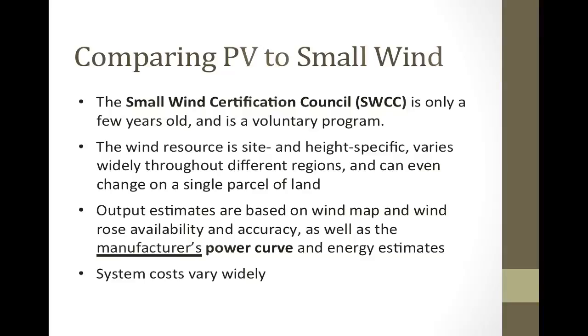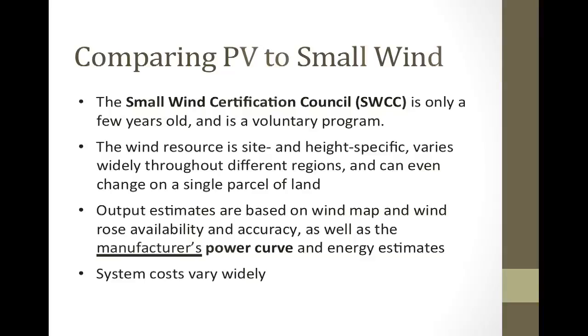Most manufacturers are going to say that this is a 10 kilowatt machine, and we're basing that on a wind speed of X or Y or Z. And ideally, using the Small Wind Certification Council as the standard, we will perhaps get the manufacturers to all use the same reference lines, and that will help quite a bit in being able to estimate the amount of power that a system is going to put out.